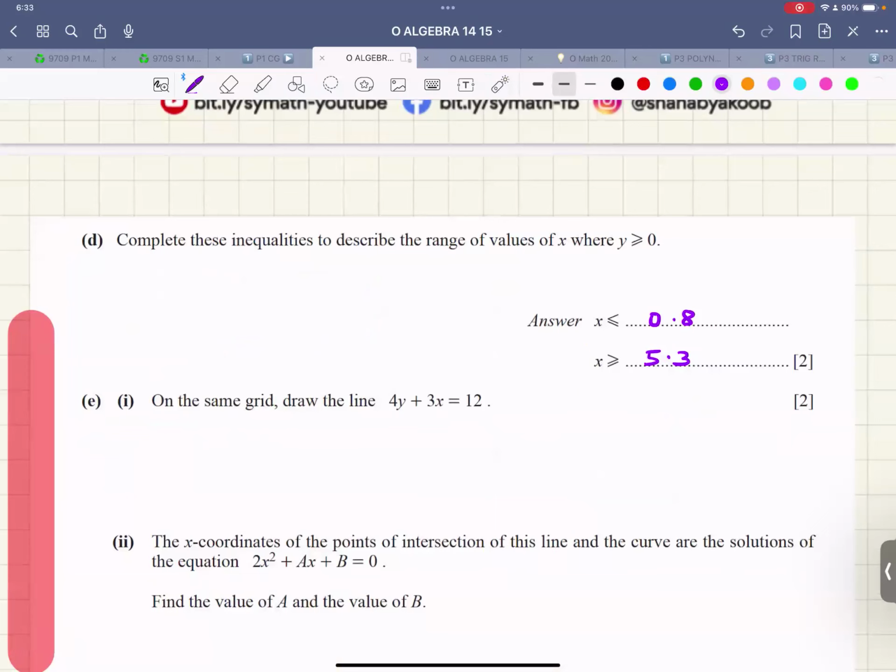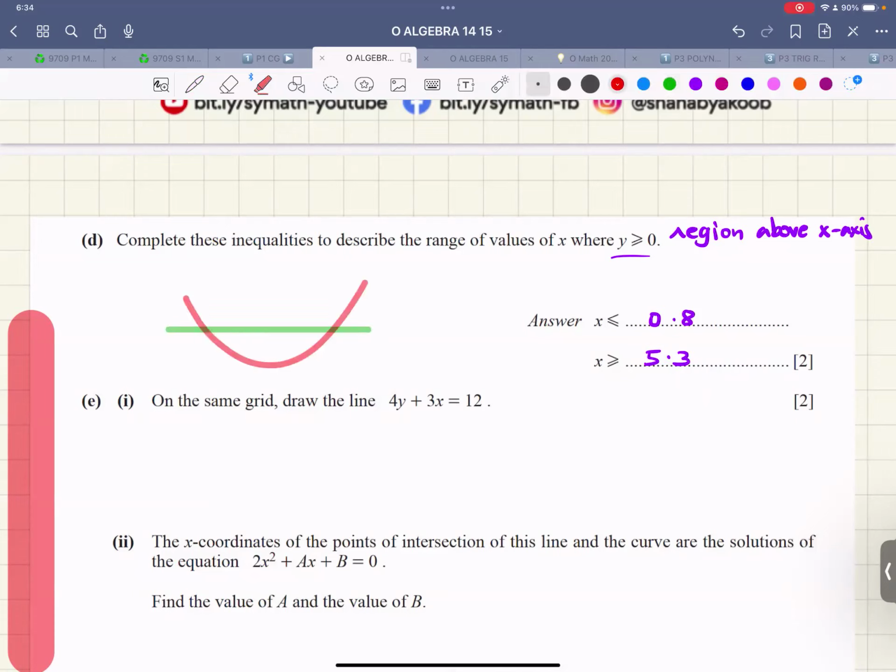When it says y is greater than or equal to 0, that means the region above the x-axis. So if I again give you the idea, that is the curve like this. And these were the two values. One value was negative. Actually, both were positive. This is 0.8. This is 5.3. When we go to the right, we would be going up.